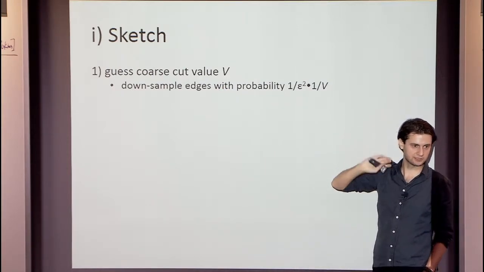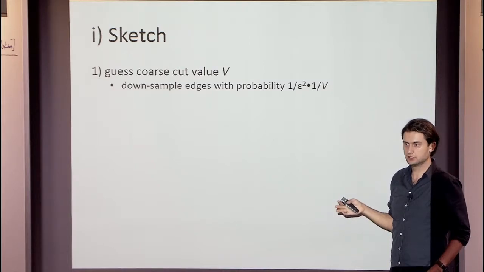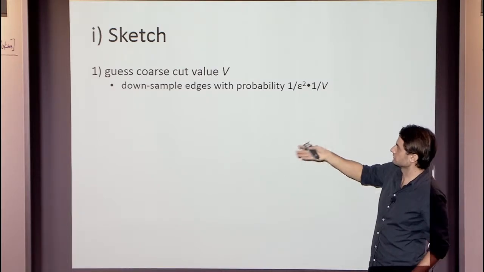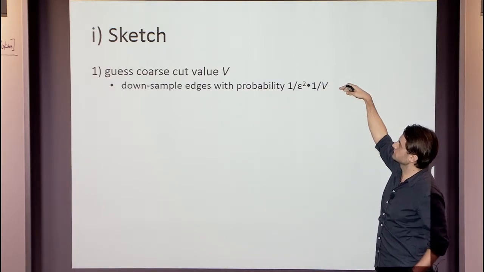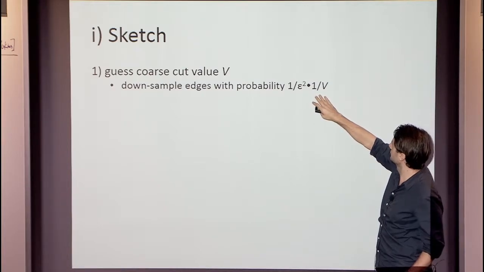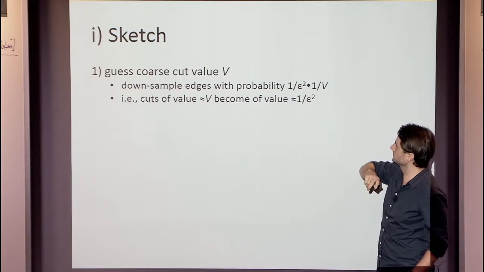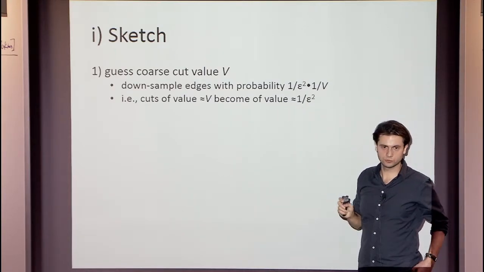Let's fix this v, and say that the cut that we want to estimate, which we don't know at the moment, will be roughly value v. What we do is we downsample all the edges uniformly with probability 1 over epsilon squared times 1 over v. Basically, this means that all the cuts of value roughly v will become a value roughly 1 over epsilon squared.